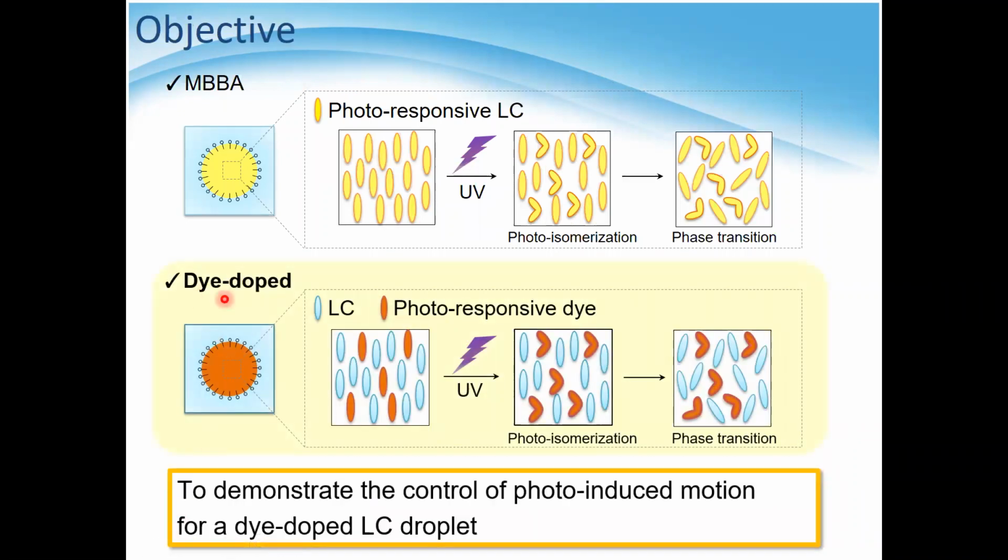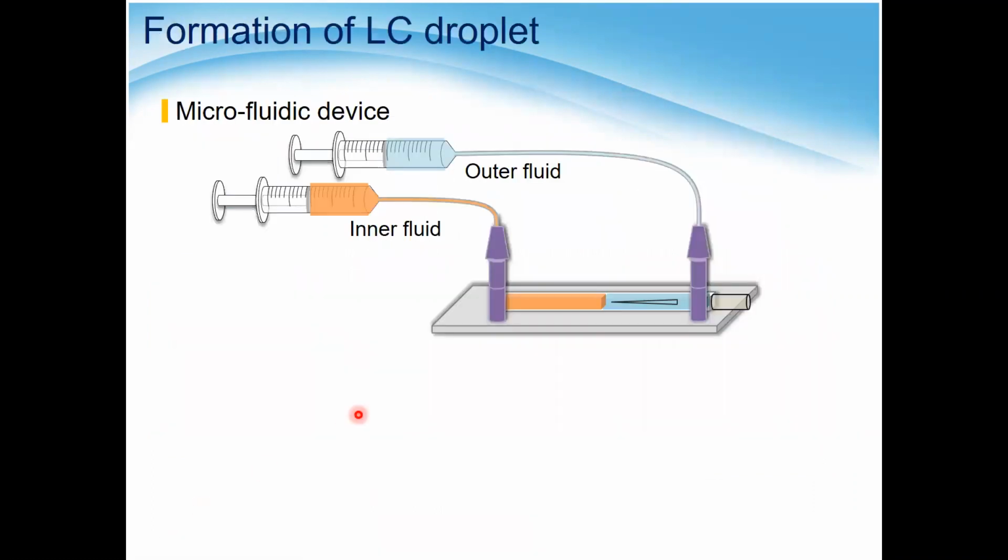We use a dye-doped liquid crystal because there are many different types of dye-doped liquid crystal. And the formation mechanism for the preparation of the sample is totally the same.